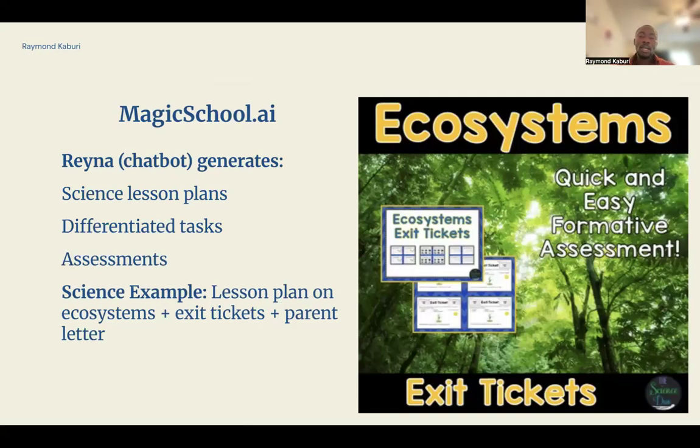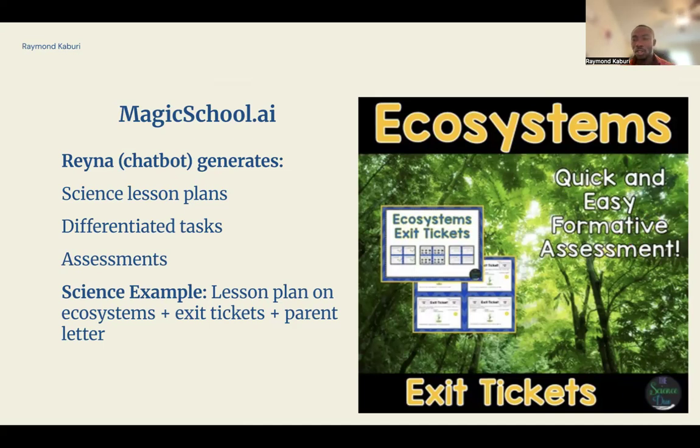Now, let's look at a few AI platforms that we can use for teaching in our classrooms in the context of science. So, for example, Magic School AI, we can use it to generate science lesson plans, differentiated tasks, and assessments, which we have talked about in most AI platforms. An example is that a lesson plan on ecosystems can be designed.